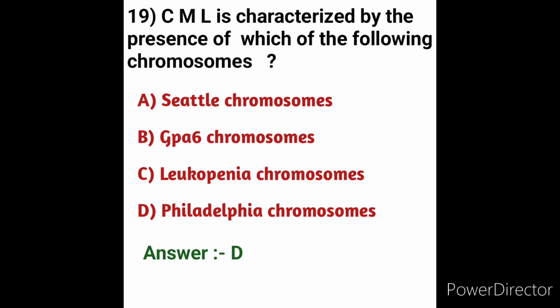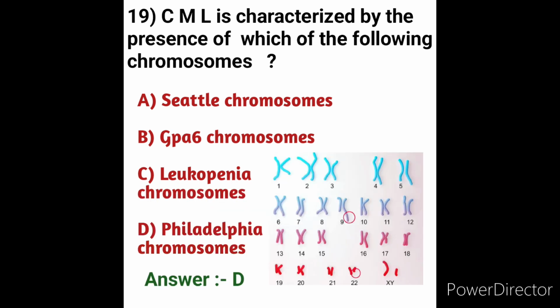Here we can see that in the Philadelphia chromosome, the 9th and 22nd chromosomes break and exchange happens. In this picture we can see the 9th and 22nd chromosomes break and exchange. Next, move on to question number 20.